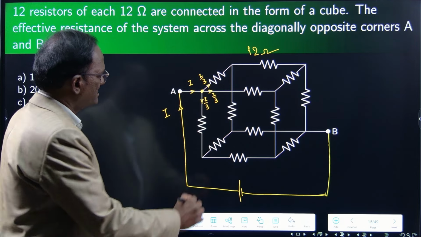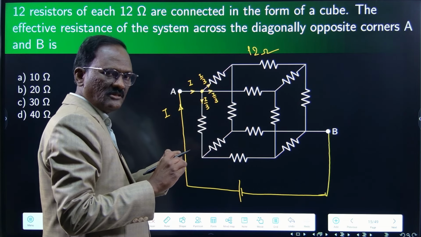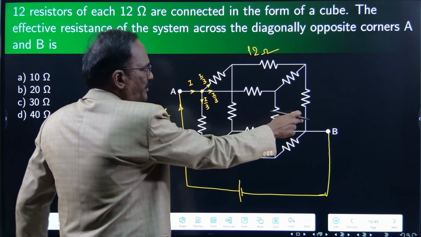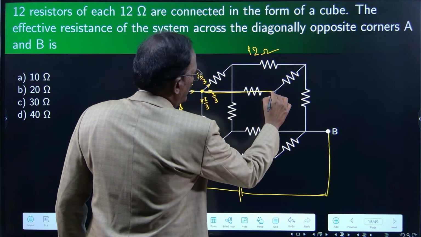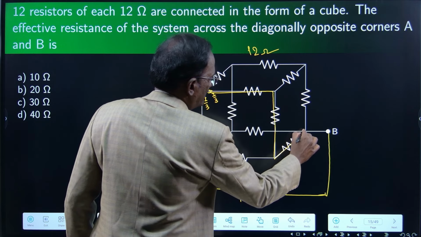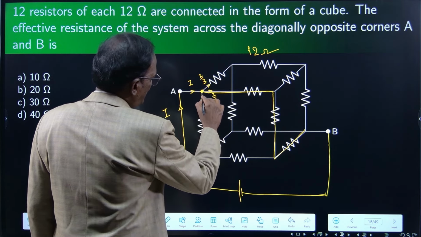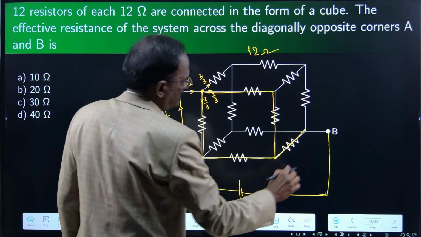The reason is, take any path and count how many resistors it is crossing before reaching B. Take this path: one resistor, second resistor, third resistor, right? If you take another path, one resistance, second resistance, third resistance.